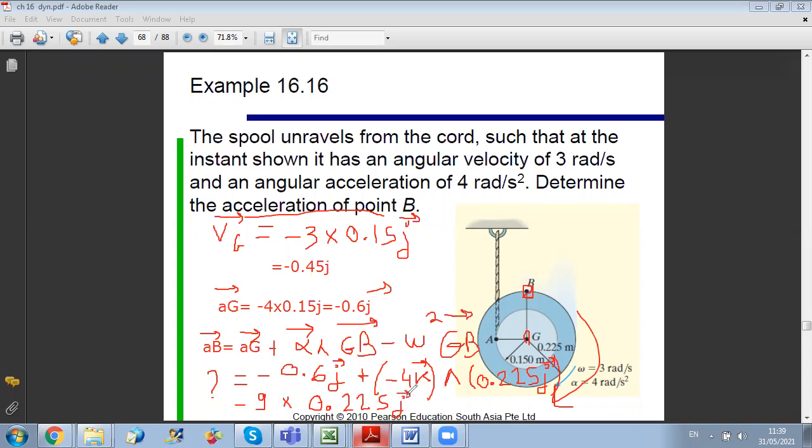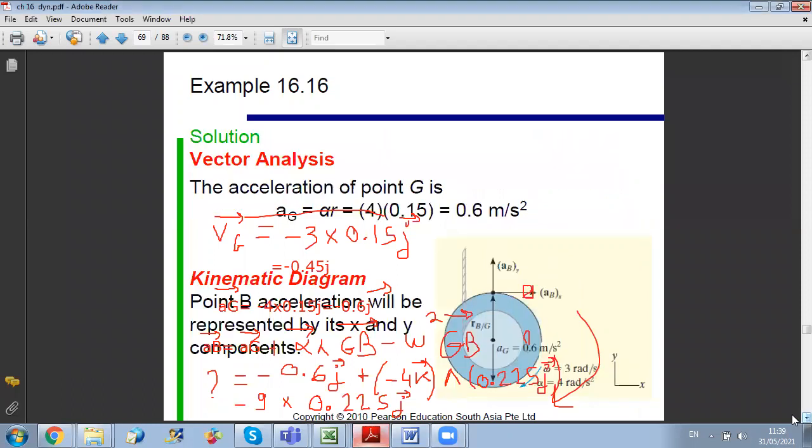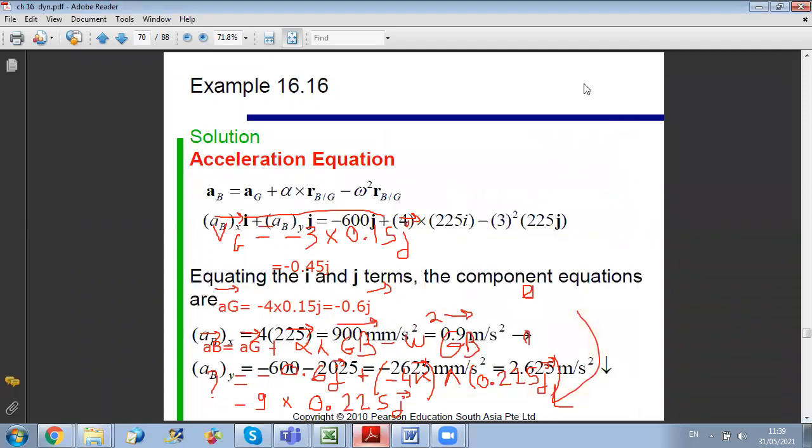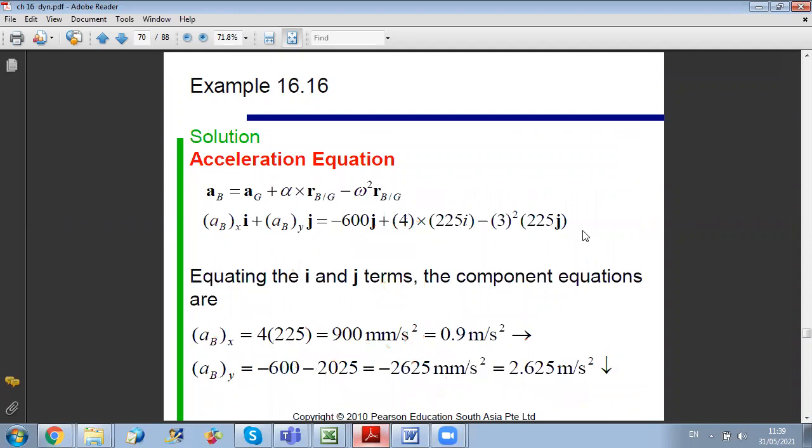So now k vectorial j is minus i, and already we have a minus, so it's plus, and then we can get the acceleration vector simply. So you can see here that by applying the relation we did together, we can determine ABX and ABY.